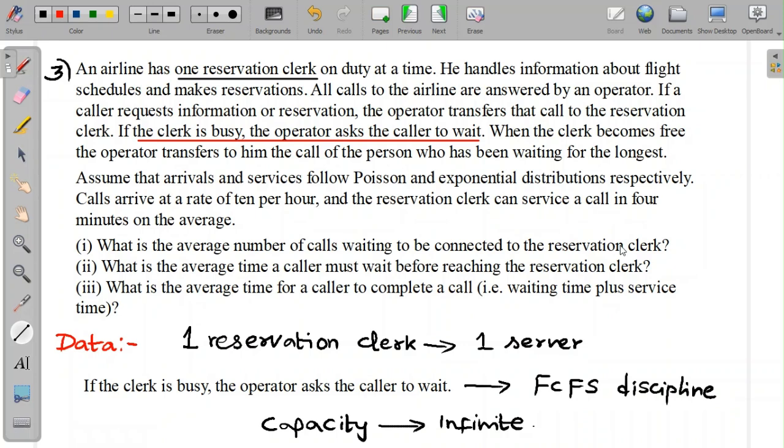So we've made our first observations about the problem. There's only one reservation clerk, so that's one server. And if the clerk is busy, the caller will wait, so that's an FCFS discipline. And the capacity is infinite because we don't have information otherwise limiting the capacity of the system.